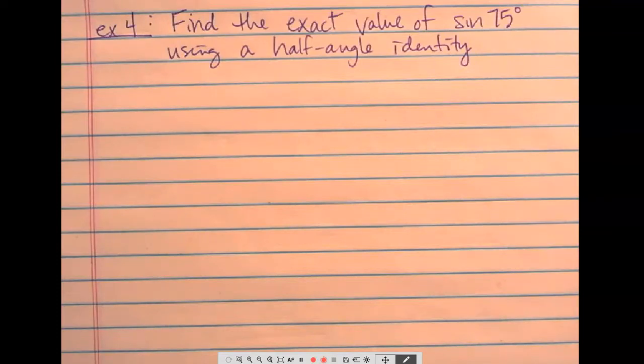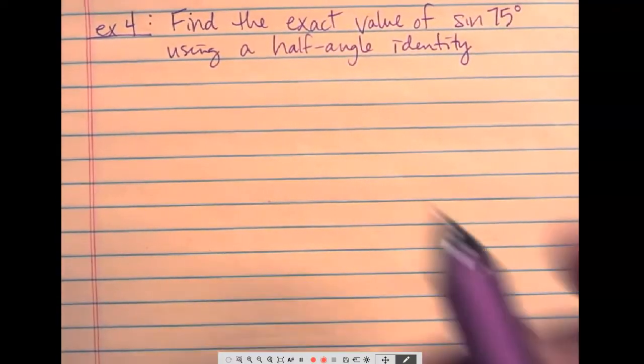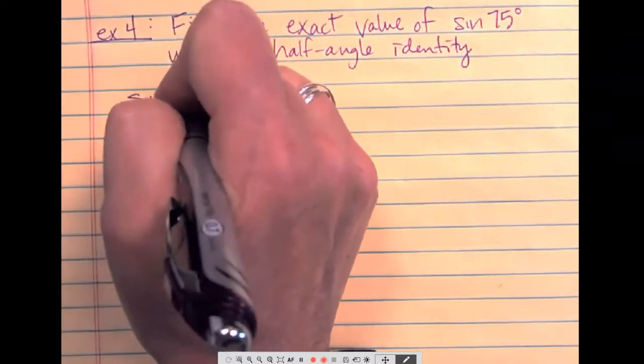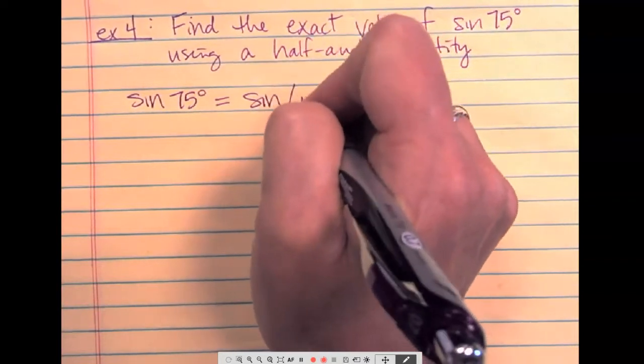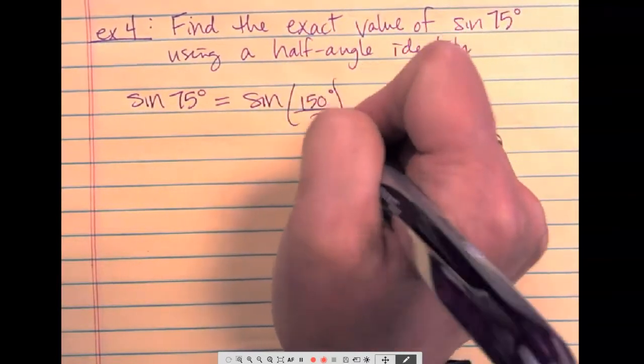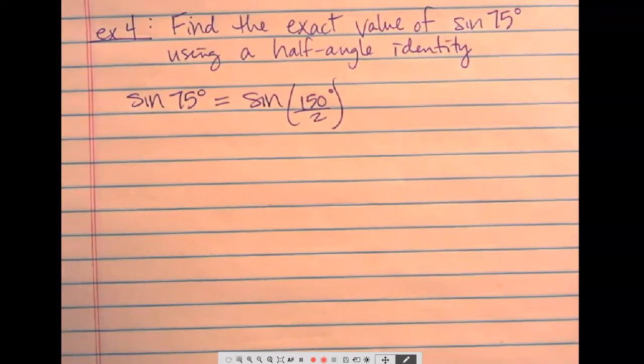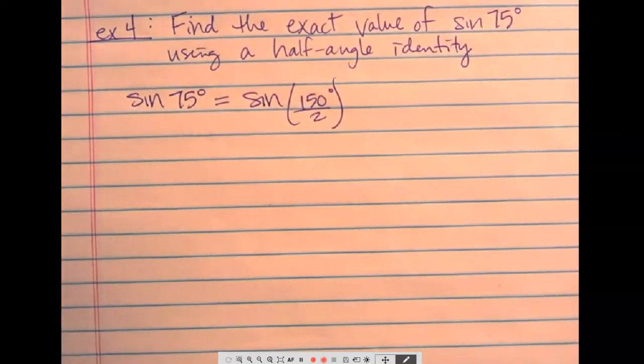So we're going to set up sine of 150 over 2. Because 75 is not on the unit circle, right? So we need another tool to find that other than our calculator. So we're going to use this 150.